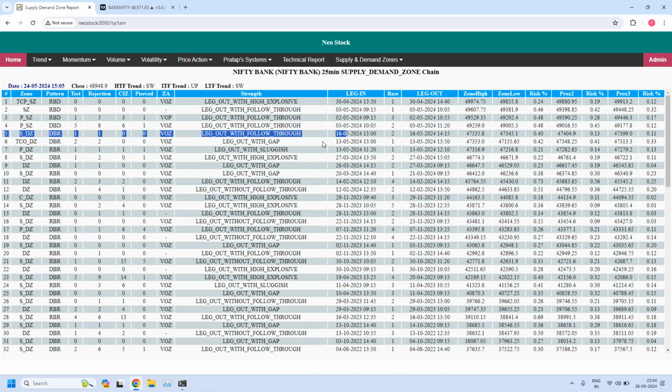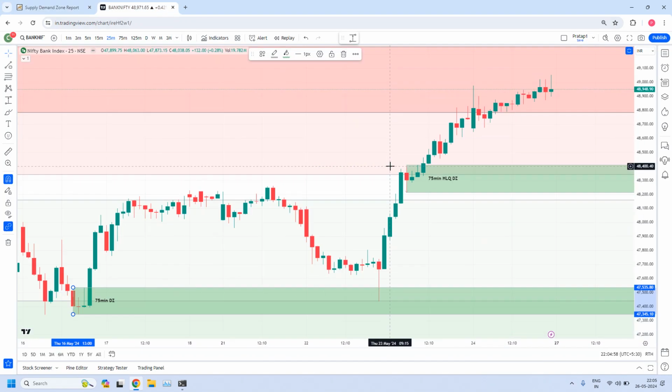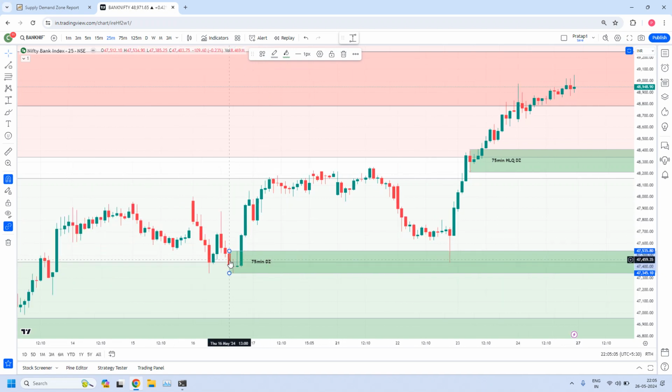Let us draw both. 16:5, 13 hours, 2 base candles. So this is the one. Drop, base, rally.